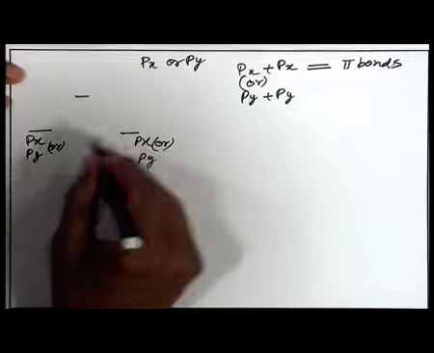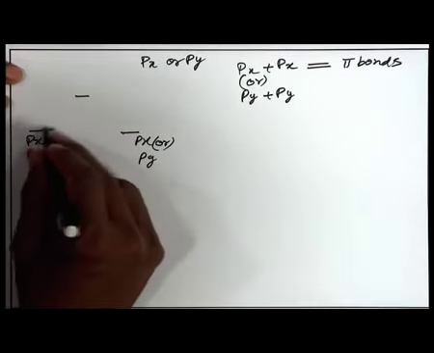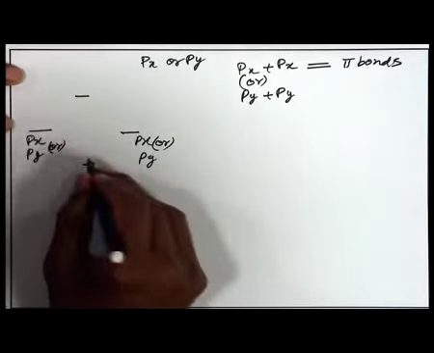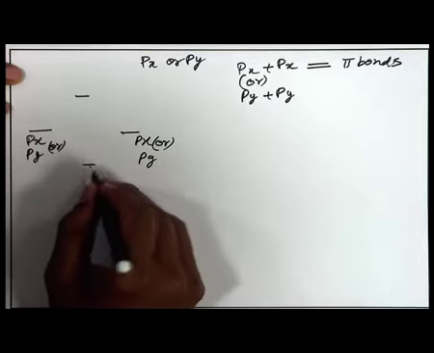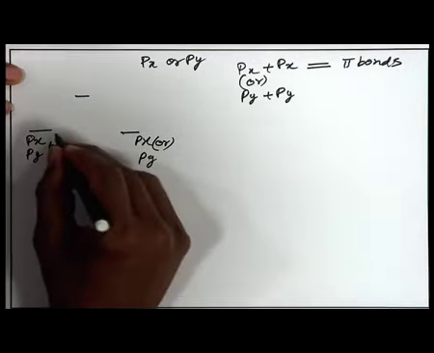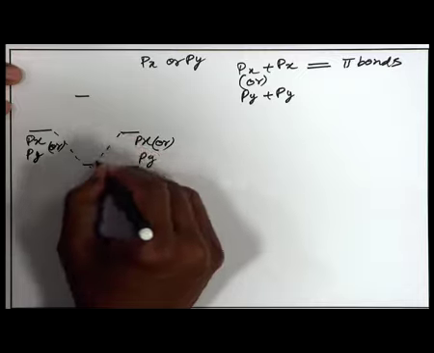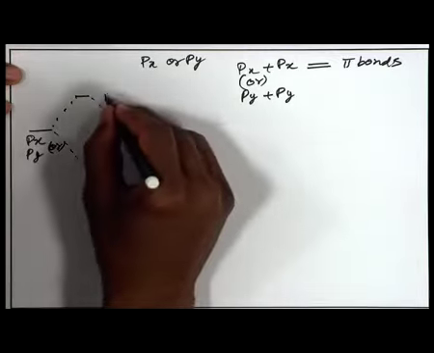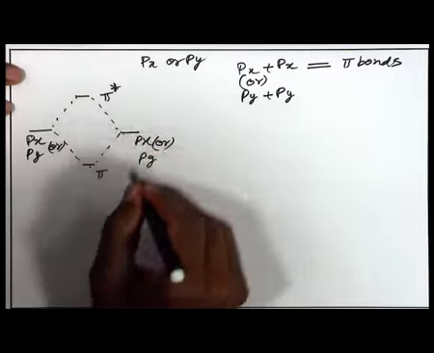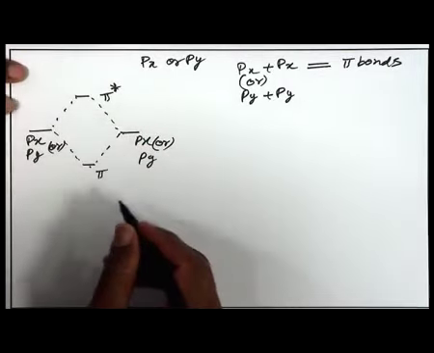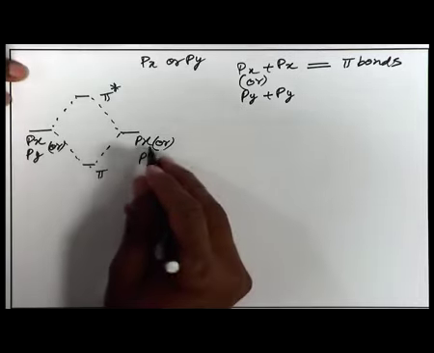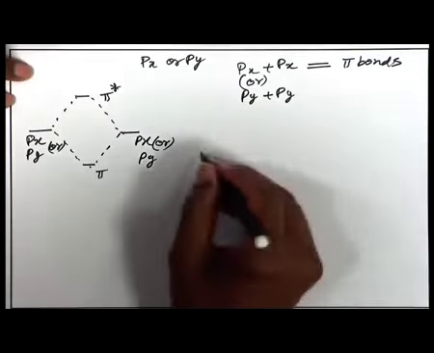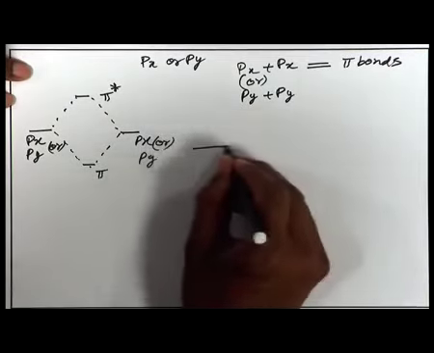This is the atomic orbital of one atom, this is the atomic orbital of the other atom, combined to give two molecular orbitals. This is the pi bonding orbital, connected to the parent atoms, and this is pi star, like sigma star. So this is a pi orbital formed by px or py orbitals. How do they look? This is the internuclear axis.